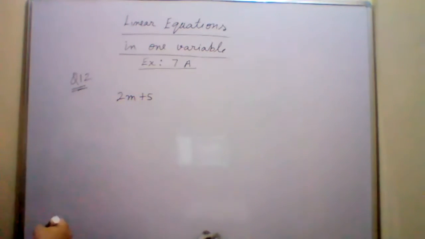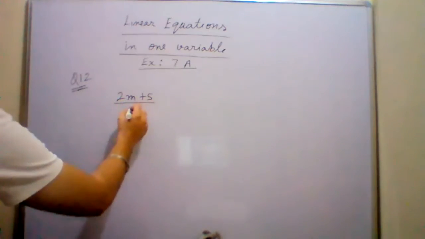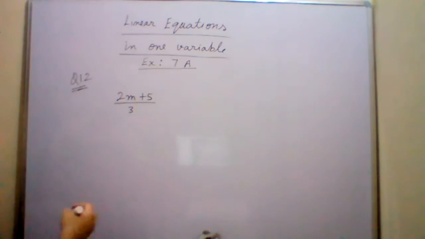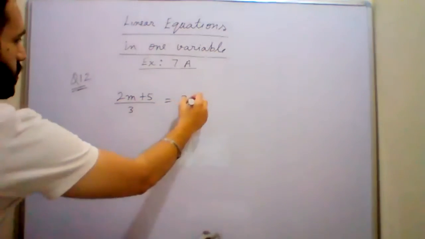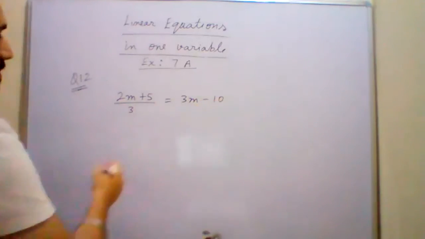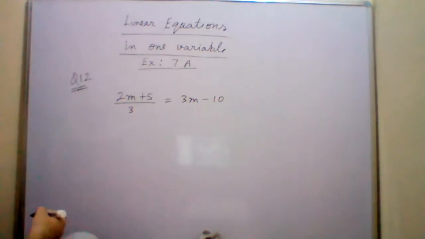Question number 12. 2m plus 5 whole upon 3 equals 3m minus 10. Done. 2m plus 5 upon 3 equals 3m minus 10.